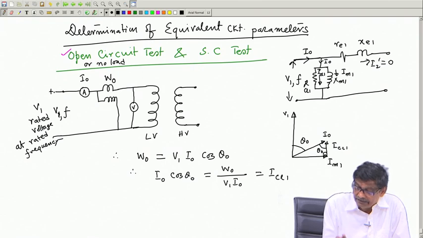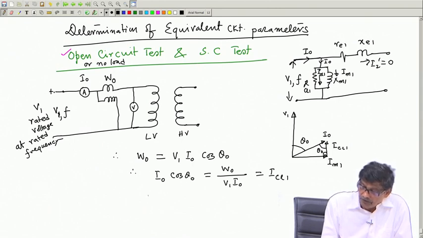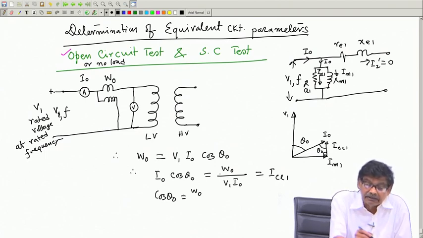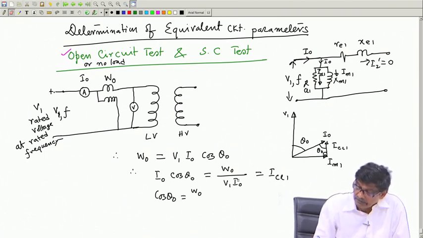It is much easier as you see. From this also I can calculate cosine theta naught, W naught. Have I done some mistake here?